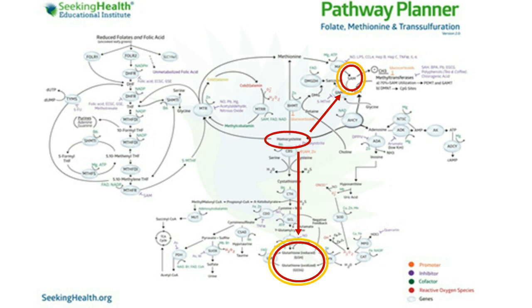I describe it to my patients like this: you may have the most wonderful automobile filled with gas, ready to drive on a vacation, but if you don't have oil in the engine, which would be synonymous with the cofactor SAMe, that beautiful car will not function. It won't go anywhere.